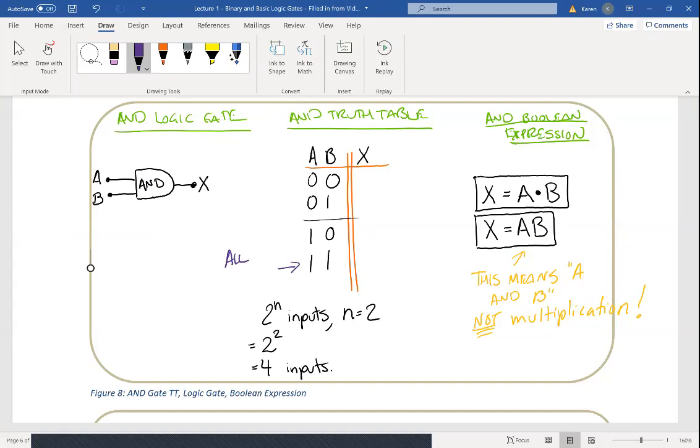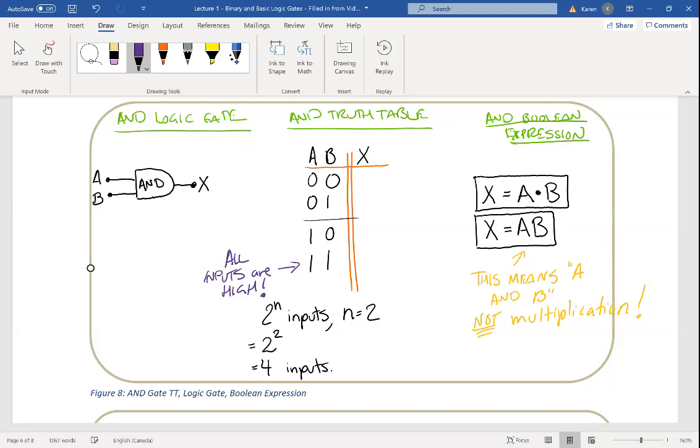So here, all inputs are high. Therefore, the output must be a 1. All other combinations must be 0 because not all inputs are high. So that's my truth table for an AND gate.